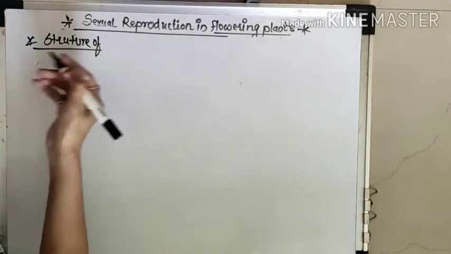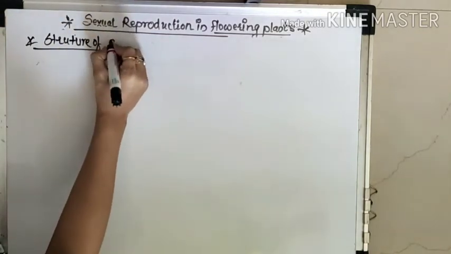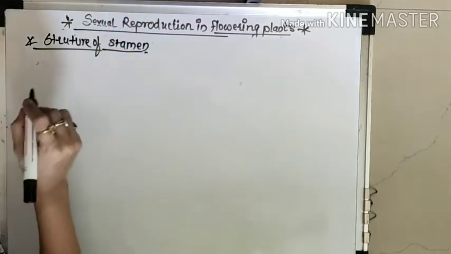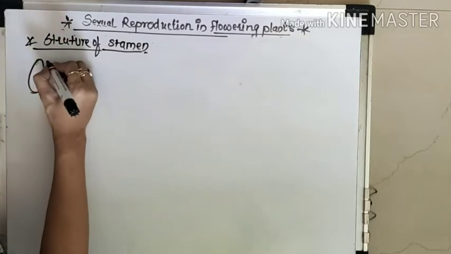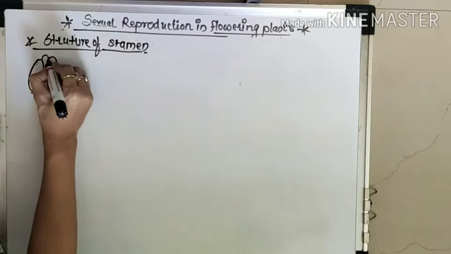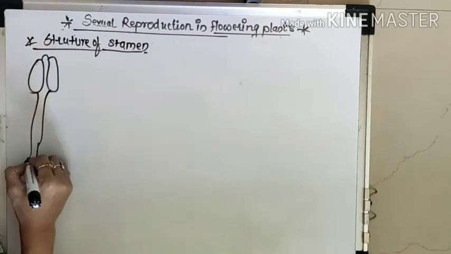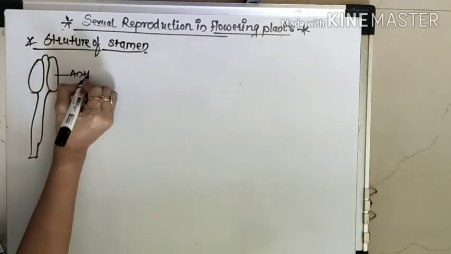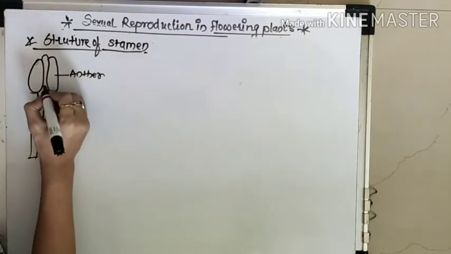So the next topic of sexual reproduction in flowering plants is the structure of the stamen. First I will draw the structure of the stamen. The stamen is like that. It has two lobes, which is called the anther.